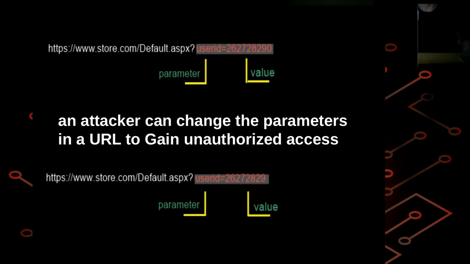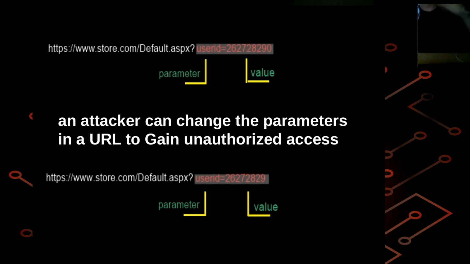The second website is the same, with the default PHP file and user ID parameter and a different value. As you can see, these values are not the same because they are about the user account. So in this case, an attacker can change the parameters in the URL to gain unauthorized access.